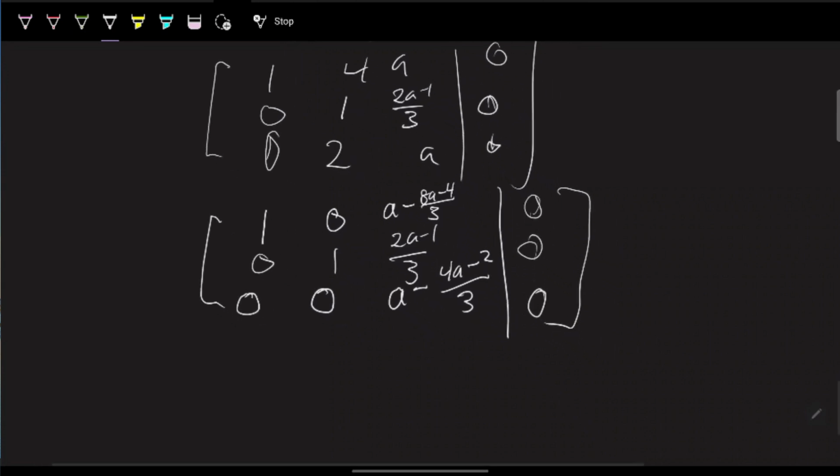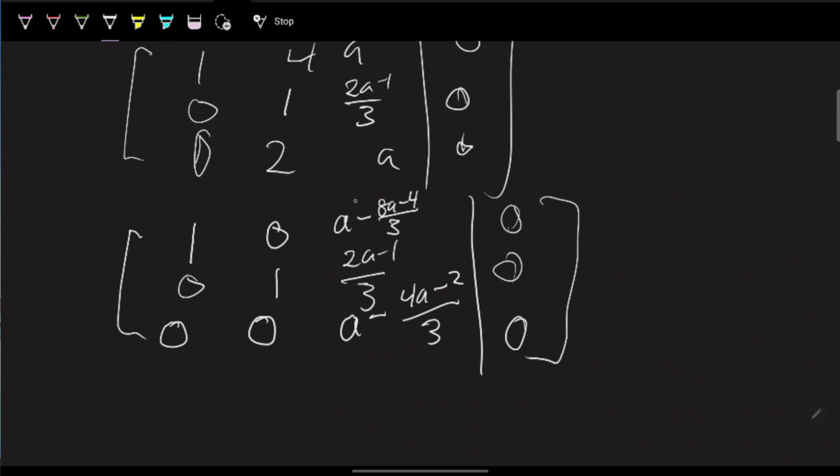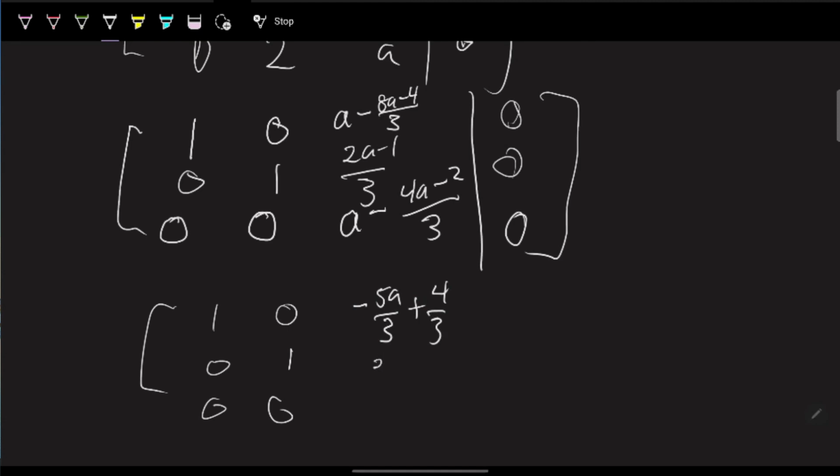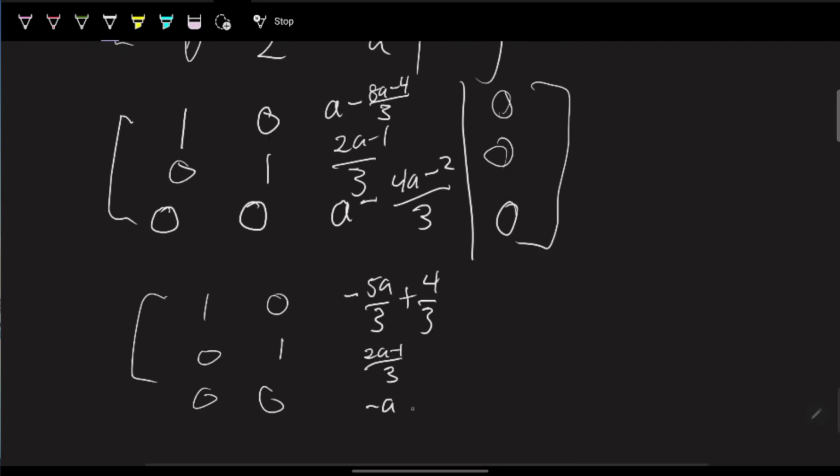So this is 3 over 3. So what does this look like? 1, 0, 0, 1, 0, 0. So that's A minus 8 over 3, which is minus 5A over 3 plus 4 thirds, 2A minus 1 over 3, and 3A minus 4A is minus A plus 2 thirds.